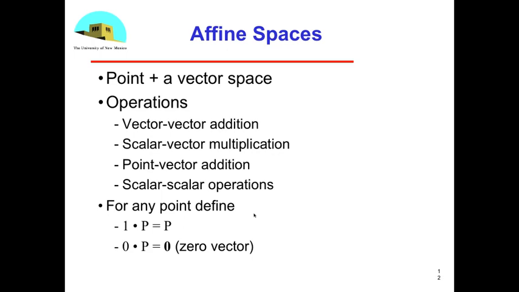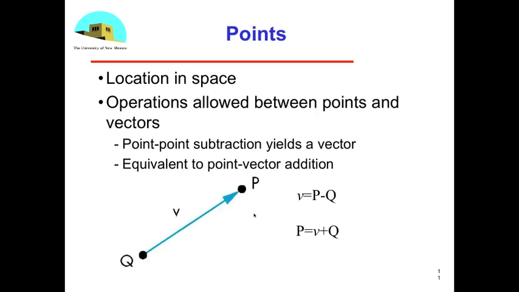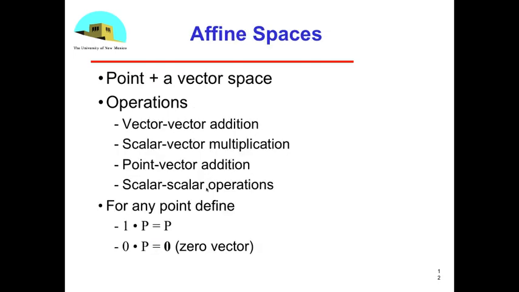Well, the idea is that if you have a single point, then I can get to any other place in this space by adding a properly chosen vector that points in the right direction and has the right length. So adding a single point, which we can think of as an origin, is sufficient to give us all of the points in space that we want. So the mathematical definition is a vector space plus a point gives you an affine space.